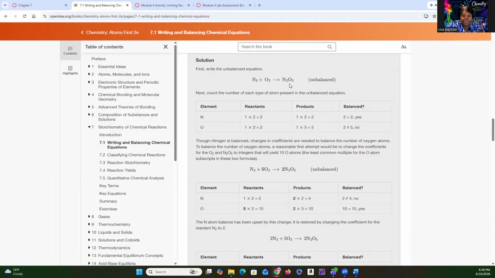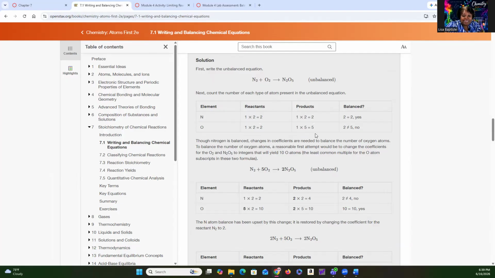Or we need 5 to be 2, but what we're going to do, because there's a 2 and a 5, if it was 2 even numbers, it would make it nice, like we looked at previously with our hydrogen and oxygen. But because we have an even number and an odd number, what we're going to do is multiply the 2 numbers to give us 10.